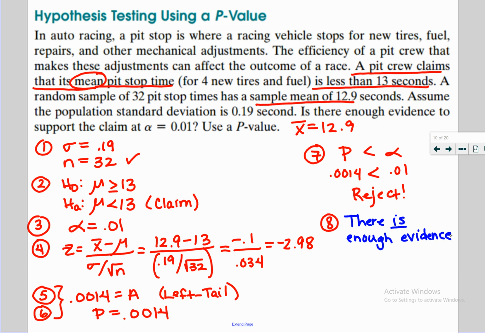There is enough evidence to, if your claim is the alternative, we say support the claim. Because what's happening, remember, is when we reject, the decision that's being made is always on the null hypothesis.